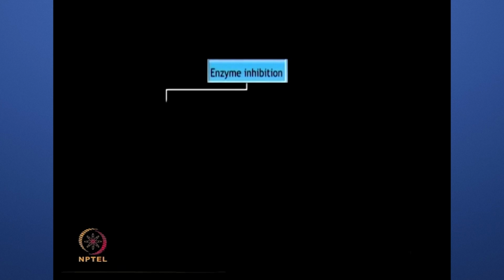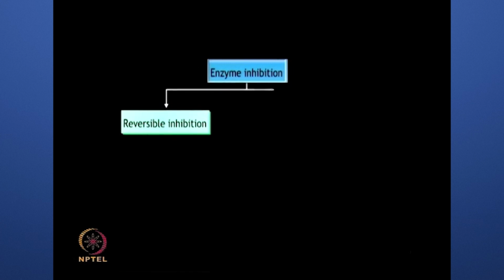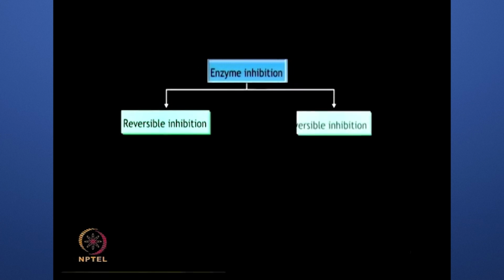Enzyme inhibition can either be reversible, where the inhibitor can dissociate quickly from the enzyme, or irreversible, where the inhibitor dissociates very slowly from the enzyme and can covalently modify the enzyme, thereby rendering it unsuitable for further catalytic reactions.